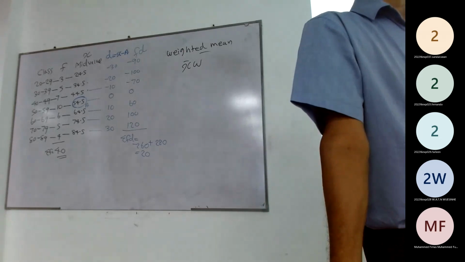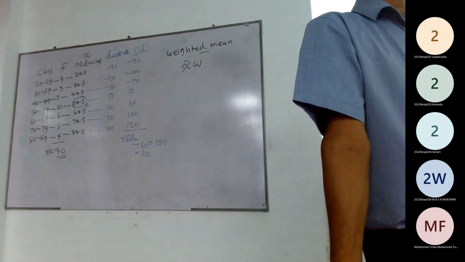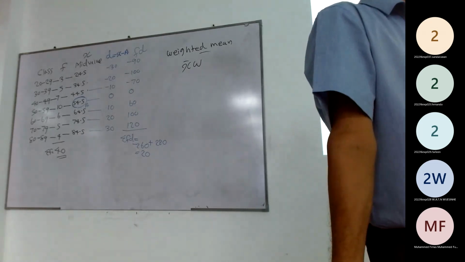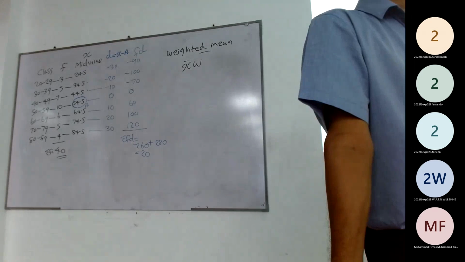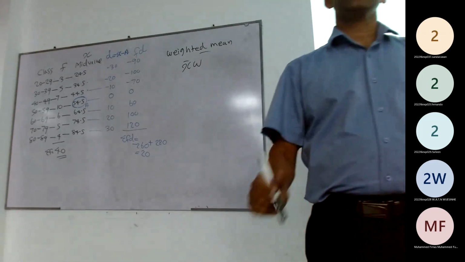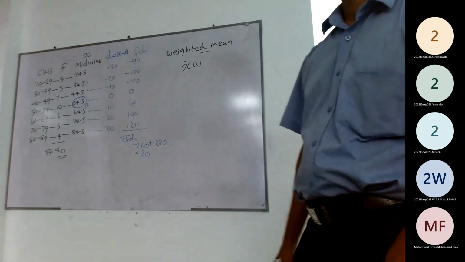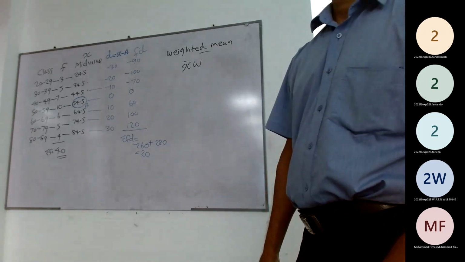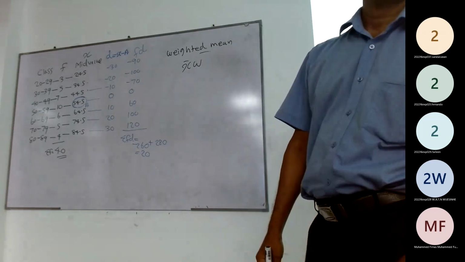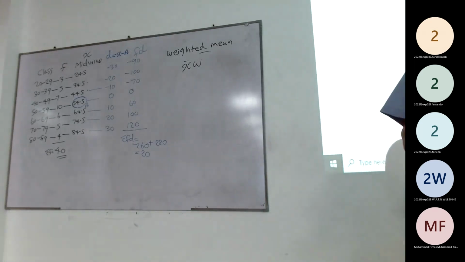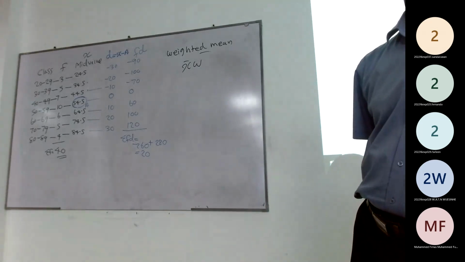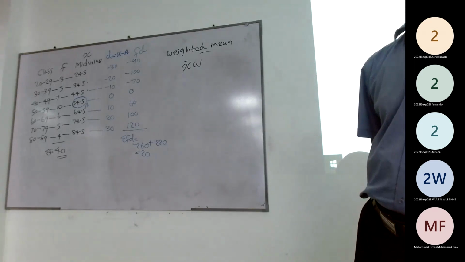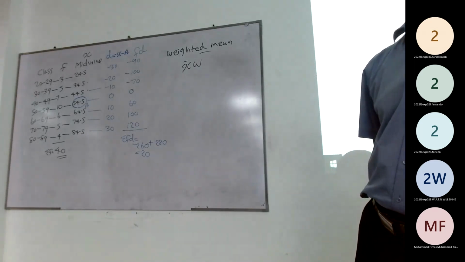The most important data point is assigned high weight, and a less important data point is assigned less weight.